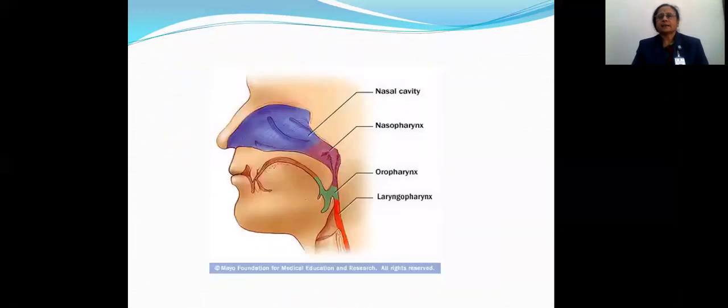In this diagram, the pharynx is present, and it takes part in respiration as well as in the digestive system. The respiratory part of the pharynx is known as the nasopharynx, and the part which is part of the digestive system is known as the oropharynx. This is about the pharynx.